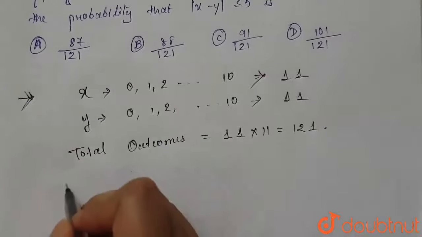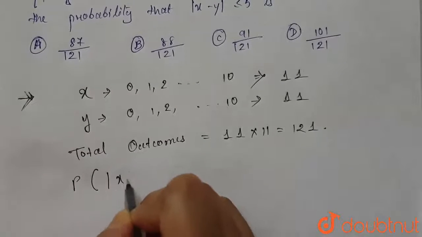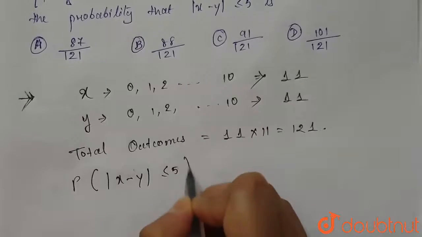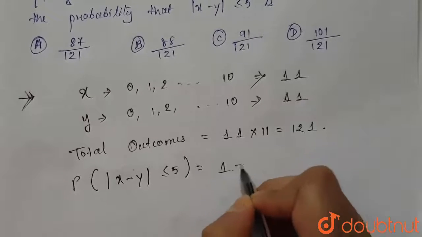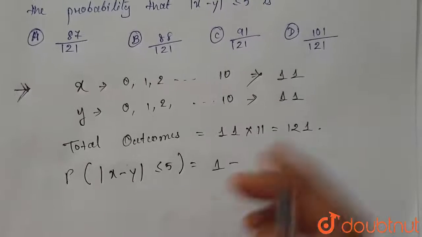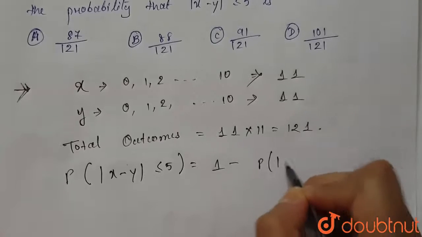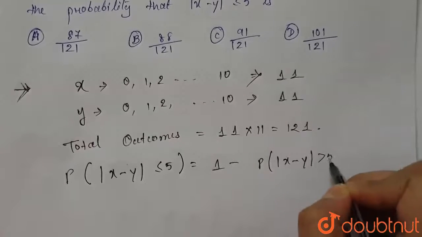Now we have to find the probability of mod of x minus y less than or equal to 5, which is also equal to 1 minus the probability of mod of x minus y greater than 5.